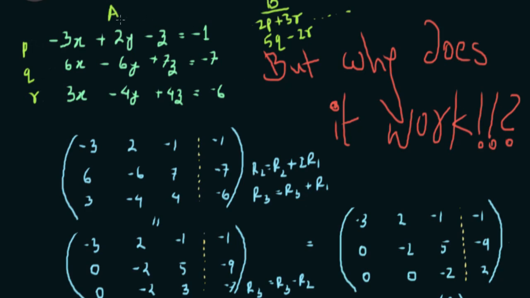Suppose the solution set of A is Sol A. I am claiming that the solution set of A is a subset of the solution set of B, because it's pretty apparent, right? As I told you, anything that satisfies this set of equations that I am calling A must satisfy this set of equations, which are linear combinations of these equations.